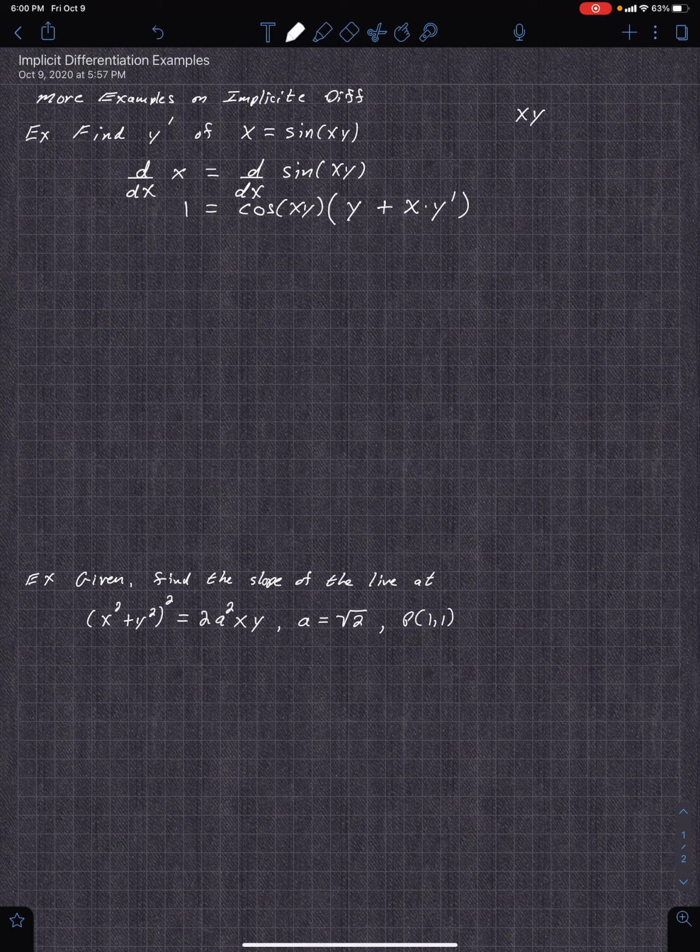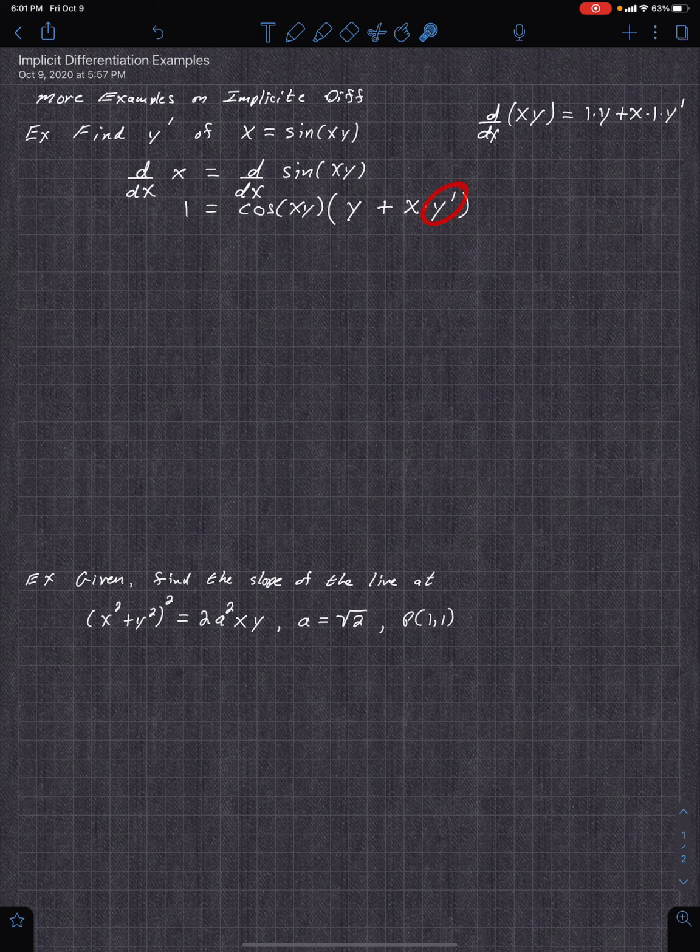That's what you'd get for d/dx of this: derivative of the first times the second plus the first times the derivative of the second, and then y prime because it's a function of x.